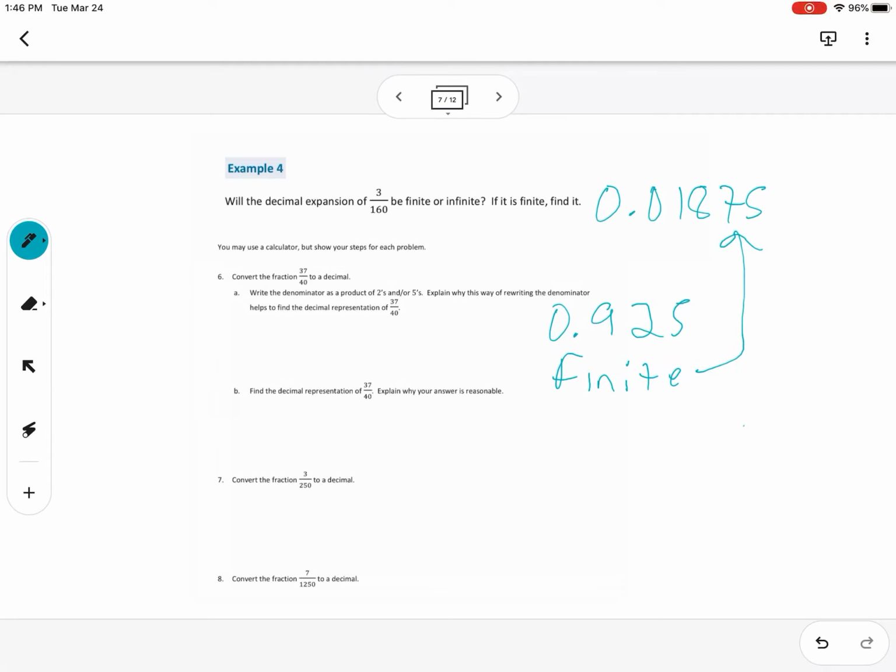Okay, next, 3 divided by 250. 0.012, also finite, and then finally 7 divided by 1,250. 0.0056. There we go. All of these are finite.